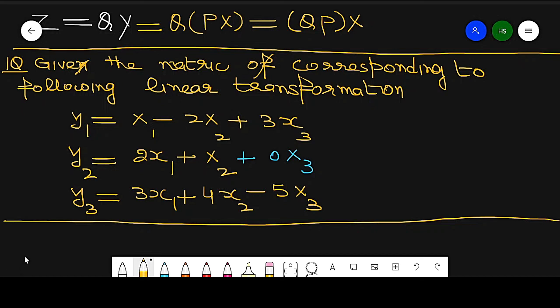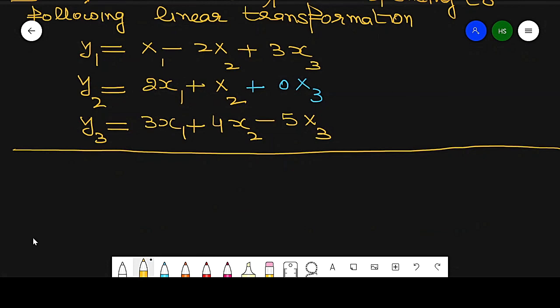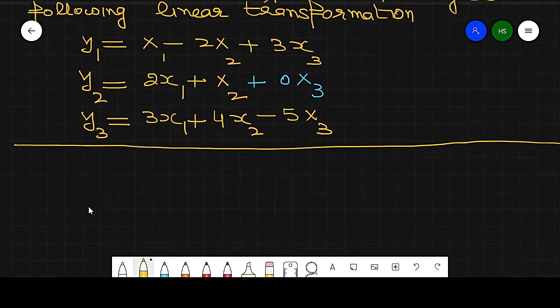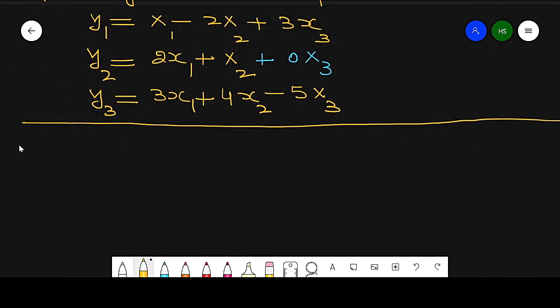Now this transformation can be written in the matrix form. So how we can write it in the matrix form? So solution. You write in the exam, this transformation can be written in the matrix form.